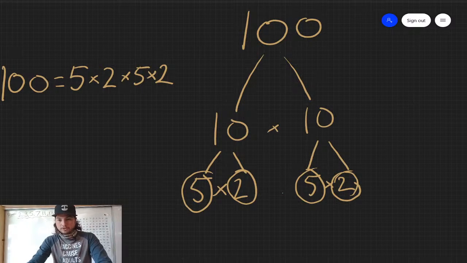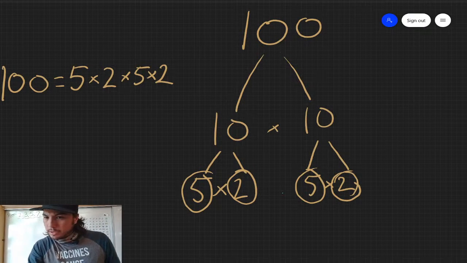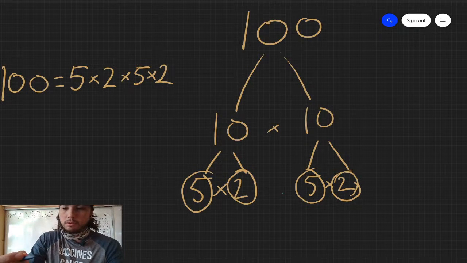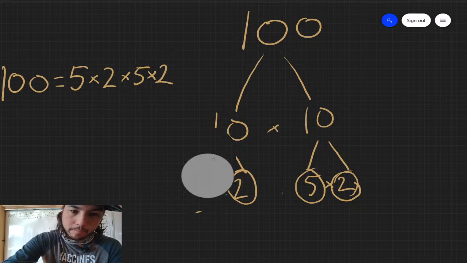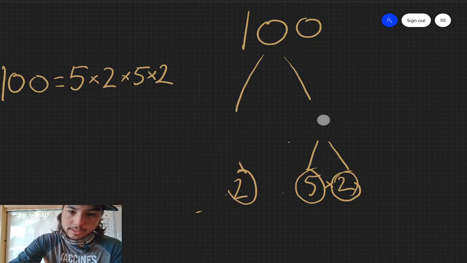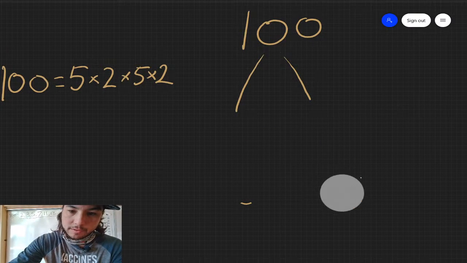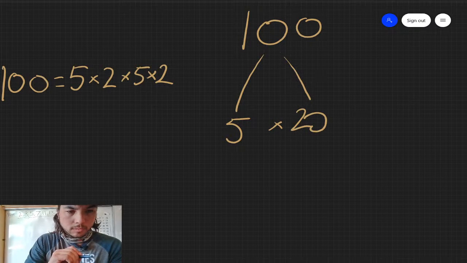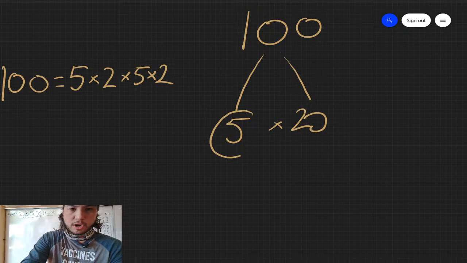Is this the only factor tree we could make? No, absolutely not. Let's go with a different one. We got another one in the chat: 5 times 20 equals 100. So let's see if we come up with the same 5 times 2 times 5 times 2 when we get down to it. So we have 5 times 20. 5 is prime, so that's going to be in there.